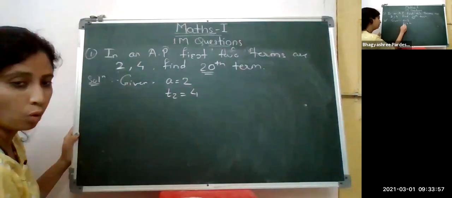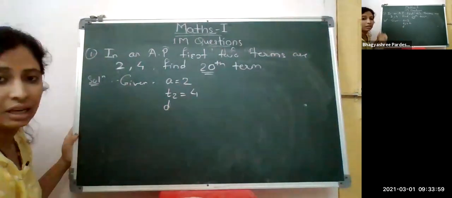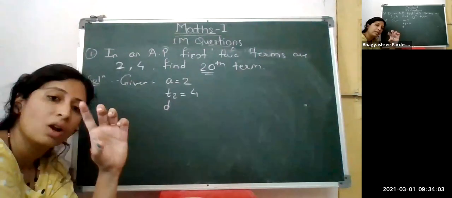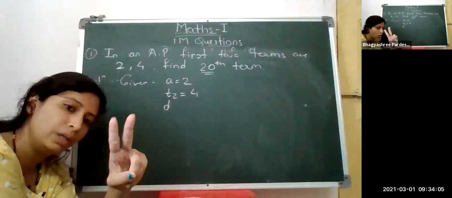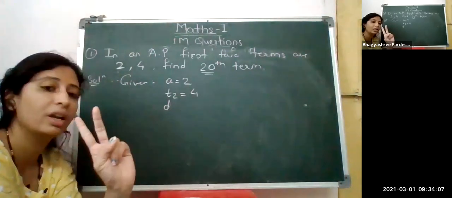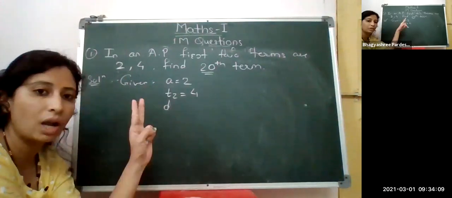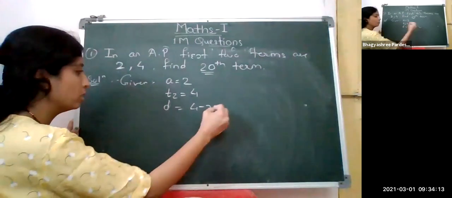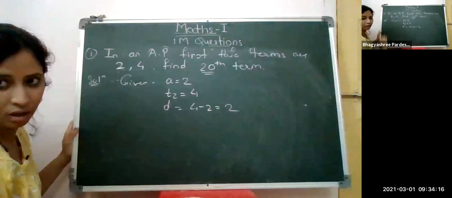Then what do we require? We require D, the common difference. How do we find the common difference? It is the difference between any two consecutive terms. Now here we have only two terms, so we find the difference between these two. So D equals 4 minus 2. So our D is 2 here. We got the common difference.